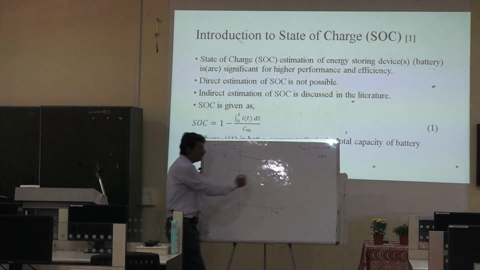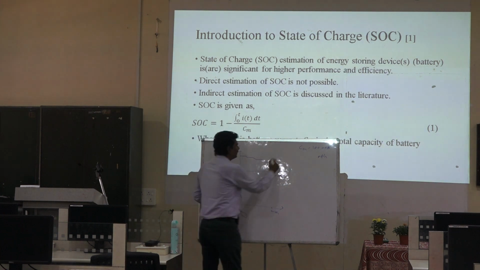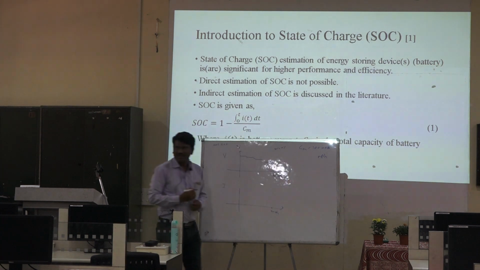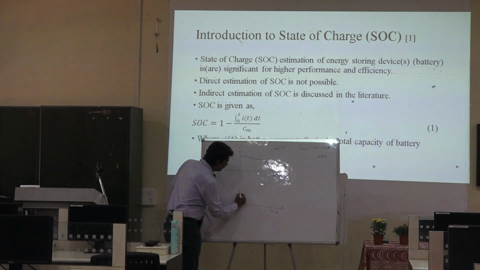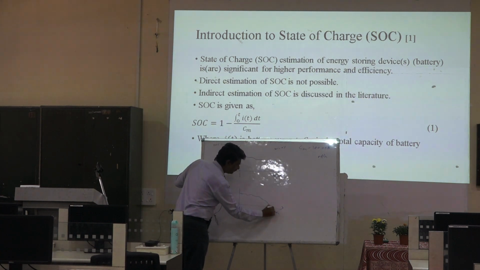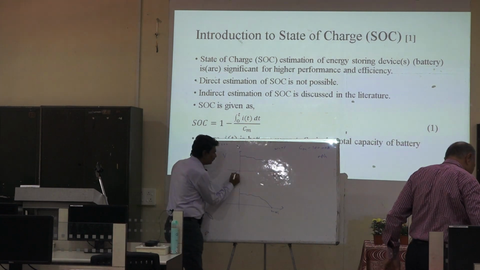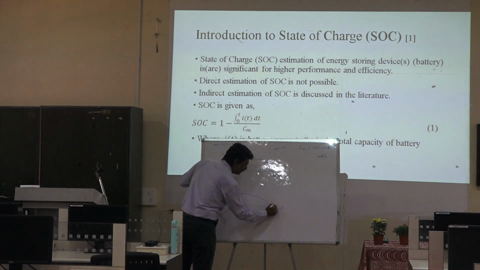And at this point, when the battery is fully discharged, the SOC becomes 0. Is it clear? A similar thing applies to the current. Suppose this is the O point and this is the C point.